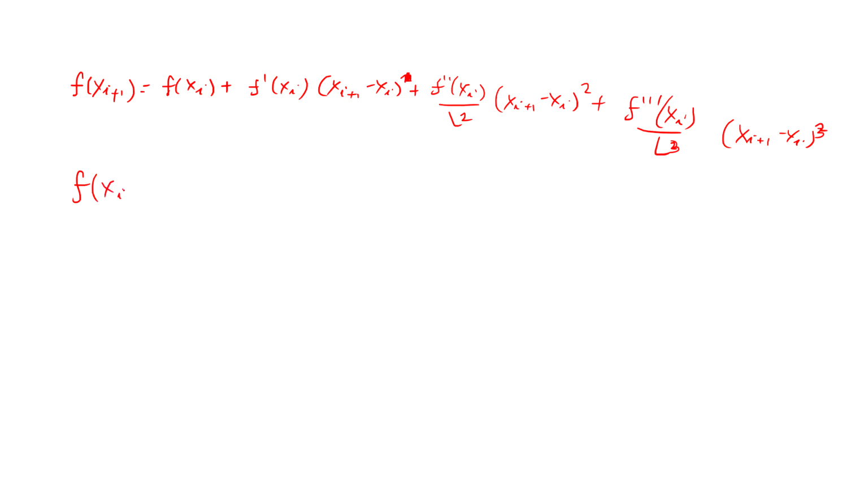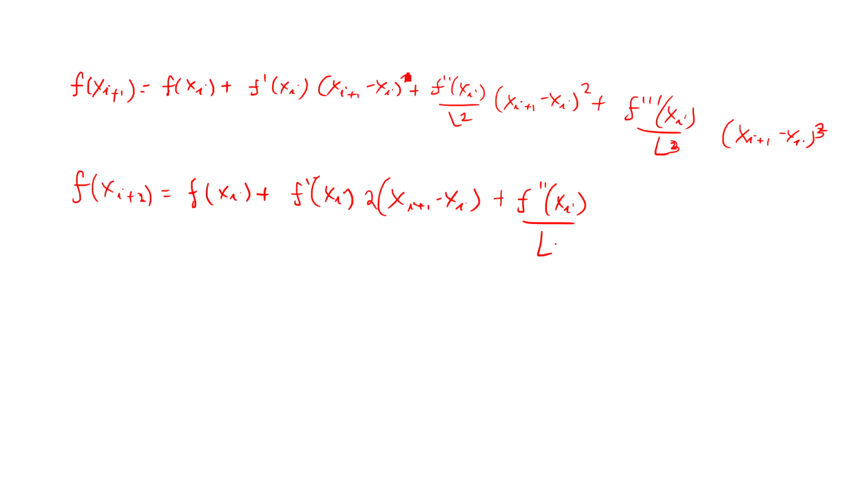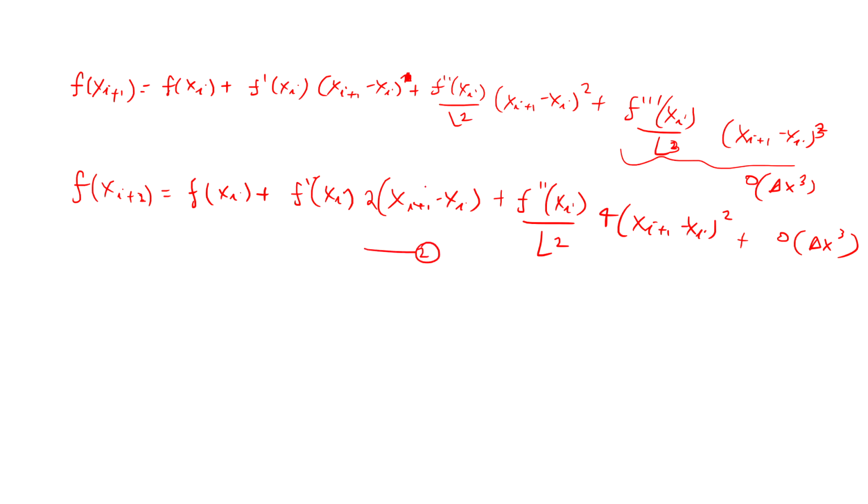Similarly, f of xi plus 2 will become f of xi plus f prime xi times 2 times xi plus 1 minus xi, plus f double prime xi upon factorial 2 times 4 times xi plus 1 minus xi to the power 2, plus, let us say if I write down this, order of delta x cube, and this is also order of delta x cube.